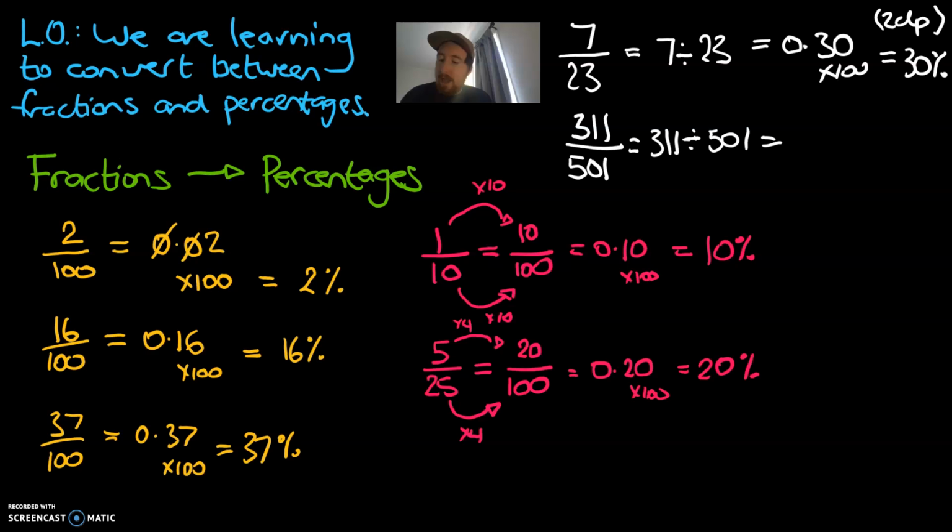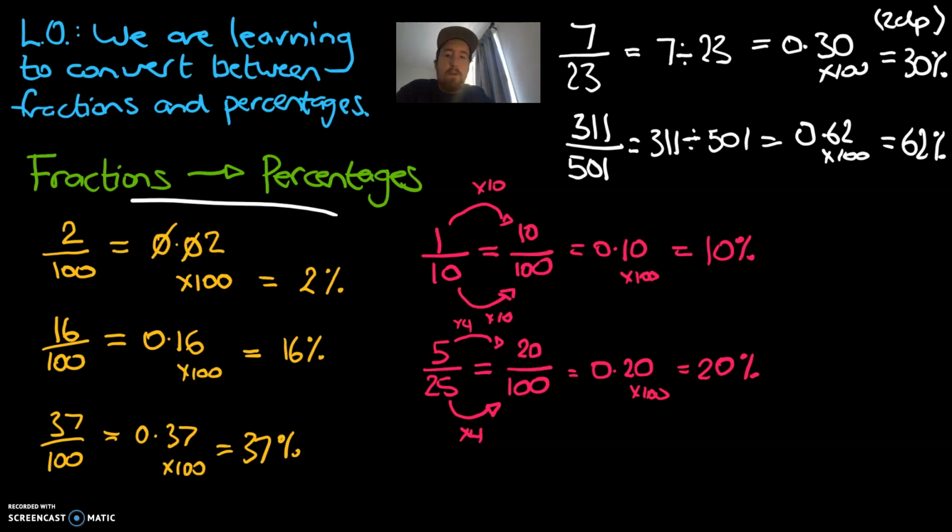And I'm going to plug that into my calculator next to me. 311 divided by 501. And that comes to 0.6207. I'm going to round that to 2dp again. And the number before that is 0, which means I'm going to round that down to 0.62. So I'm going to get rid of the 0 and the 7. And after that, we're going to times that by 100. And that's going to get us to 62%.